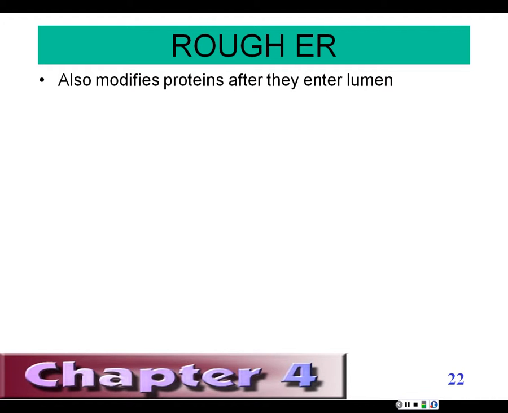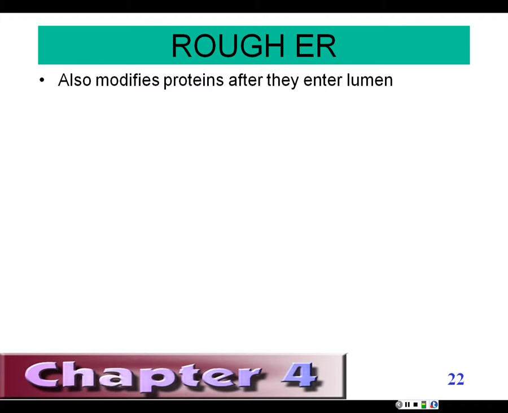It may even need a sugar removed or sugar added in order to get it to fold up in its 3-dimensional form, which we call what? What's that word that we use for 3-dimensional? Tertiary. Okay. And we know in its tertiary form, that's when it's going to have an active site.